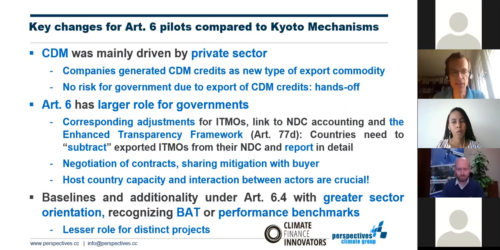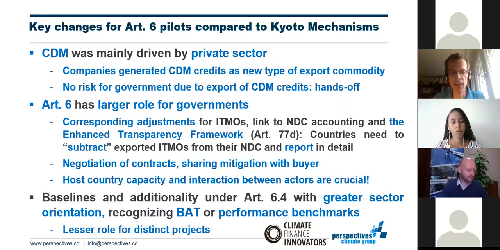I would like to focus on what are the key changes for Article 6 pilots if you compare them to the Kyoto mechanisms, because you as private sector players have been involved in CDM, and I see many very experienced participants in this webinar. So under CDM, the situation was quite straightforward. This was a mechanism distinctly meant for the private sector.